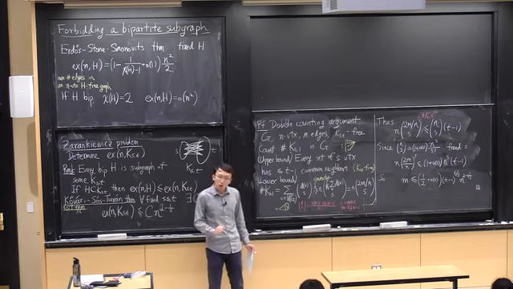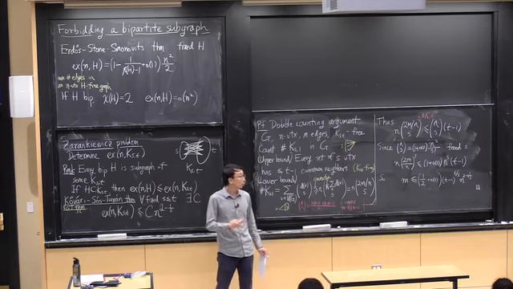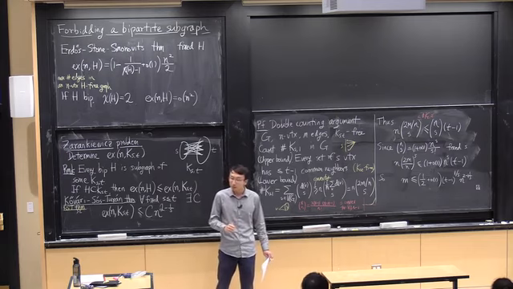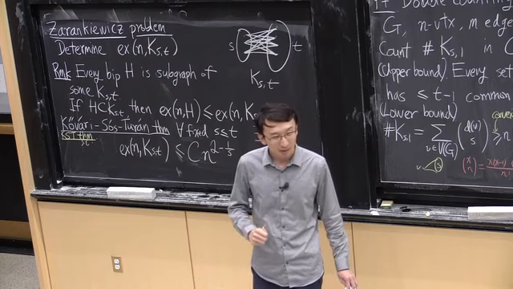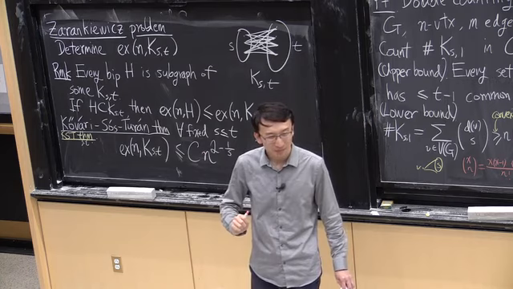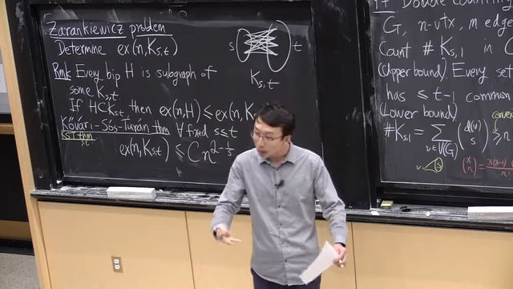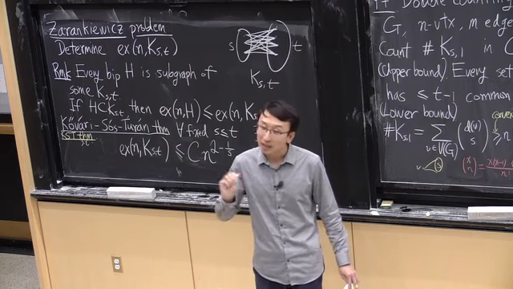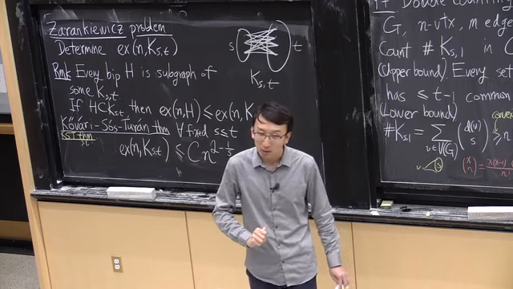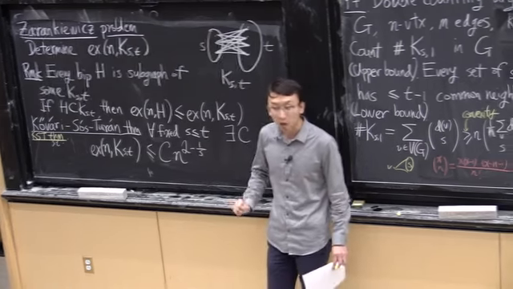But there are some values of s and t for which we do know that it is tight. For example, 2 and 2, 3 and 3, s and t equal to 4 and 7, and if t is really, really large. And I will show you some constructions later on creating graphs G that are K_{s,t}-free for those parameters that match this K_{s,t} bound up to a constant factor.